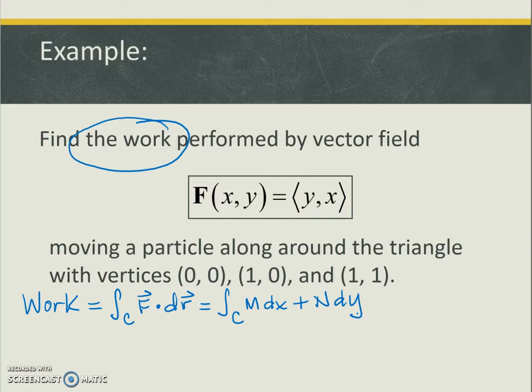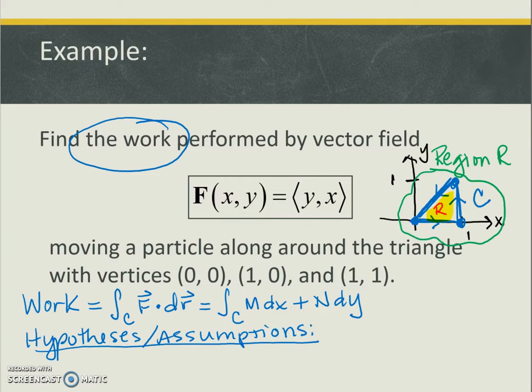And so we need to check our assumptions or hypotheses for Green's theorem. As we start thinking about whether these hypotheses are satisfied, one thing to notice is I've drawn our region R. I have my triangle with vertices at 0, 0, 1, 0, and 1, 1.